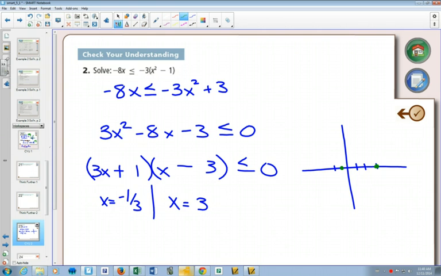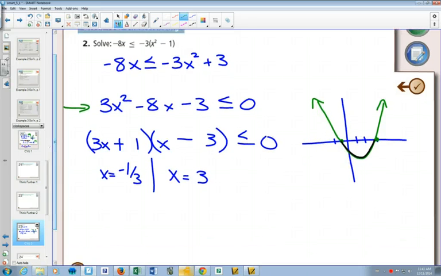Down if we're looking at the first part here, but when we made it equal to 0, so this is where we're going to want to look, once we got it equal to 0, it's actually opening up, right? So now, when we go to write our solution, we want to find out when is it less than 0. That would be this section here. So our solution is that x is between negative 1/3 and 3.